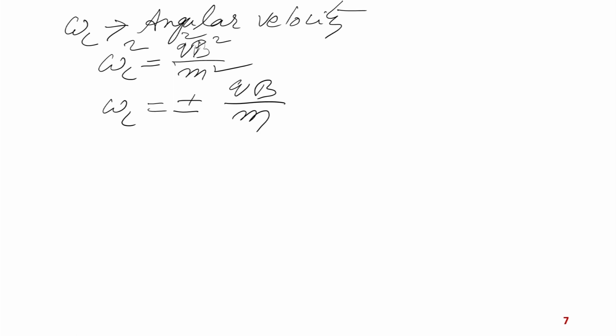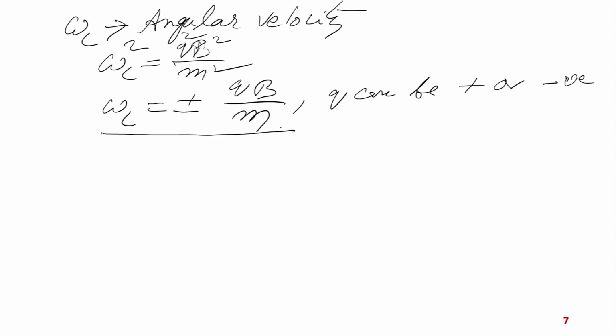Another thing is that q can be positive or negative, depending on whether it is an electron or a positive ion. So, we will see how we do this. When an electron is moving in a magnetic field, what will be the sense of the rotation, we will see after we derive the other parameters.